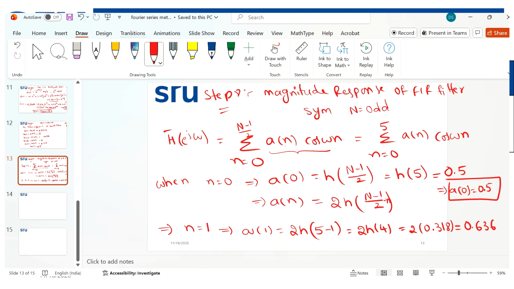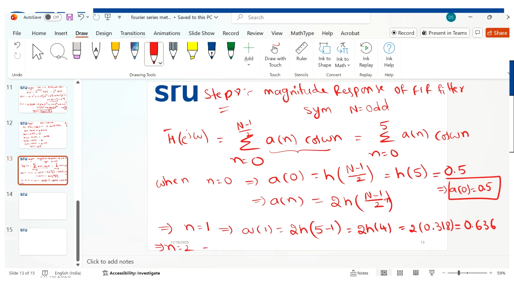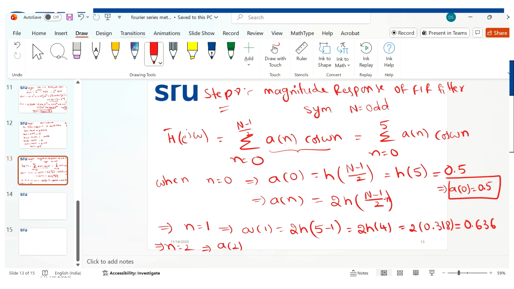Again substitute n is equal to 2. Therefore a of 2 is equal to 2 into h of 5 minus 2, that is h of 3. The h of 3 value is 0, so 2 into 0, the coefficient is 0.